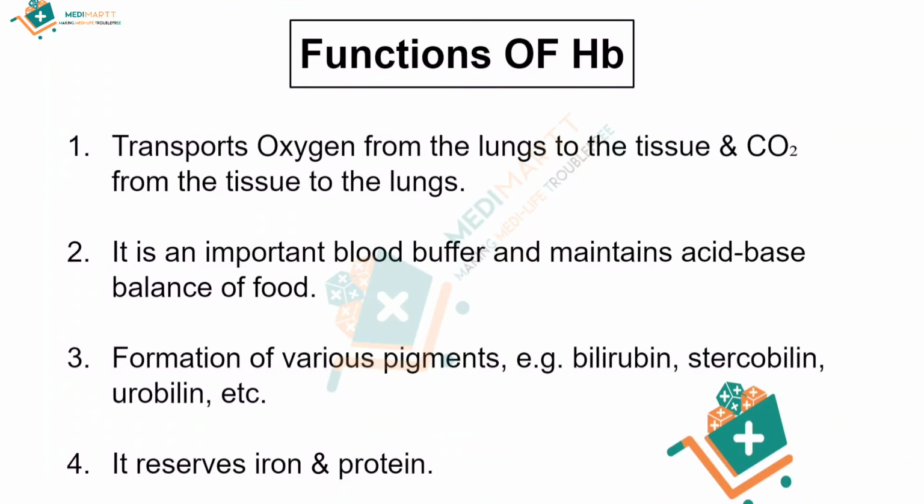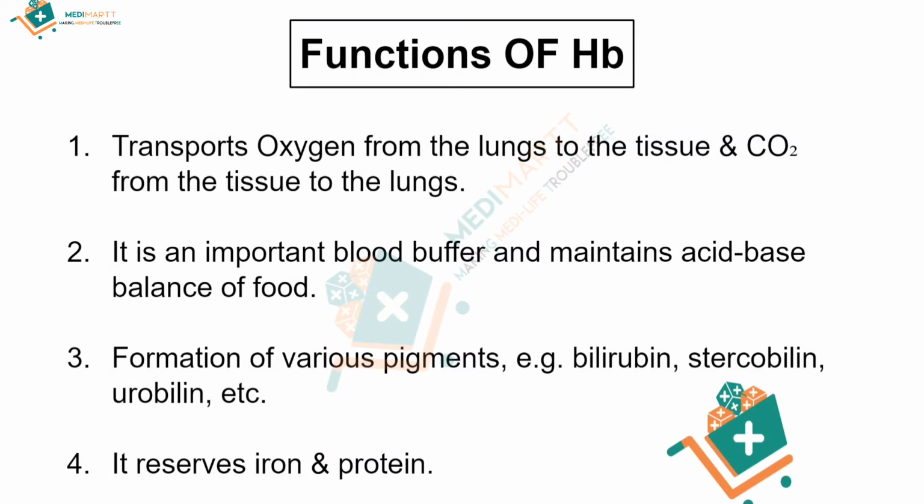Okay, now let's move towards the functions of hemoglobin. There are mainly four functions. What are the functions of hemoglobin? Basically it transports oxygen from the lungs to the tissue. As we all know that respiration occurs, this helps in respiration: it transports oxygen from the lungs to the tissue and carbon dioxide from the tissue to the lungs.